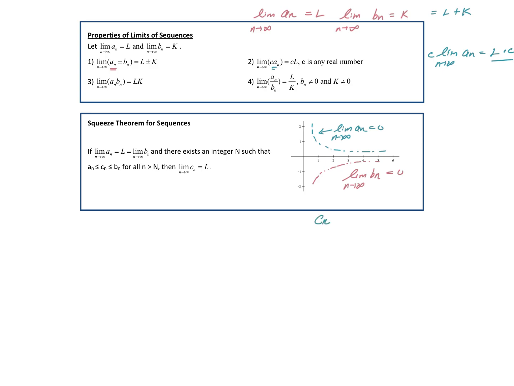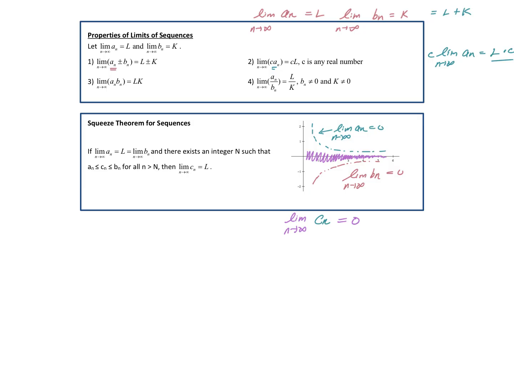With the exception that it was sandwiched between the two functions. So all I know about c sub n is that it's in here somewhere. It's always going to be less than a sub n, but bigger than b sub n. So we can make the conclusion that the limit as n goes to infinity of c sub n also equals 0. That's what the squeeze theorem says.